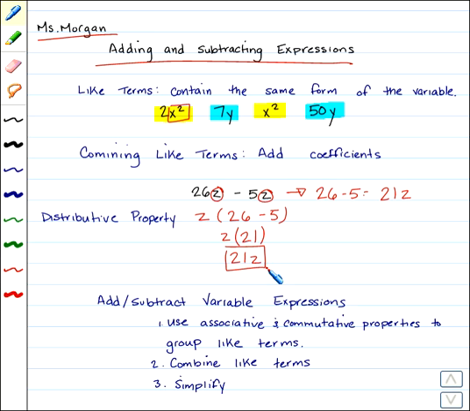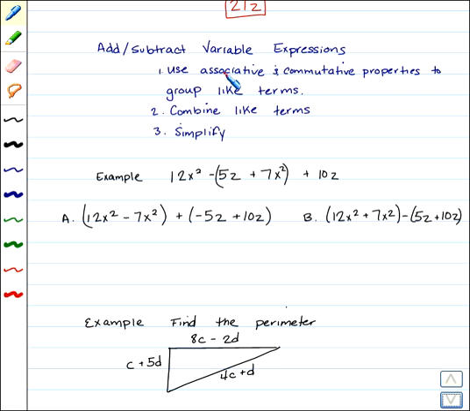So now we understand the groundwork, we can move on to adding and subtracting variable expressions. So to do that, first we want to use our associative and commutative properties to group our like terms. So that means that we can rearrange the order of our terms and we can rearrange our groupings. Then we combine like terms just like we discussed, and last we simplify.